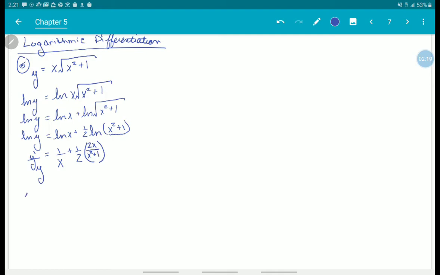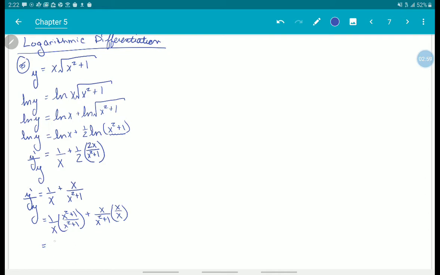I'm going to clean this up just a little bit. I see that the 2's are going to cancel in that second term, the 2 here and here. So that's going to leave us with x over x squared plus 1. Then I would like to get a common denominator between these. So we need to multiply that first function by x squared plus 1 over x squared plus 1, and then we need to multiply the second one by x over x.